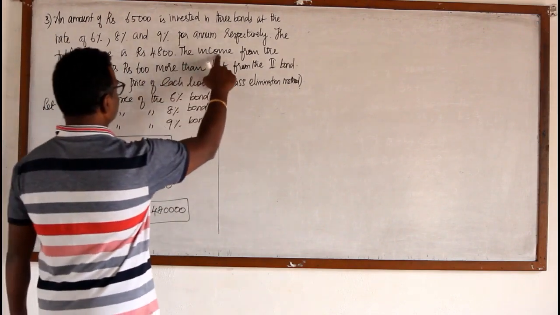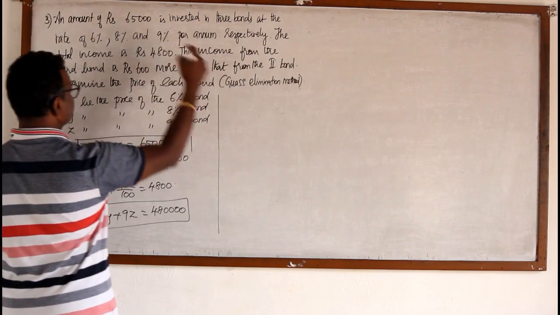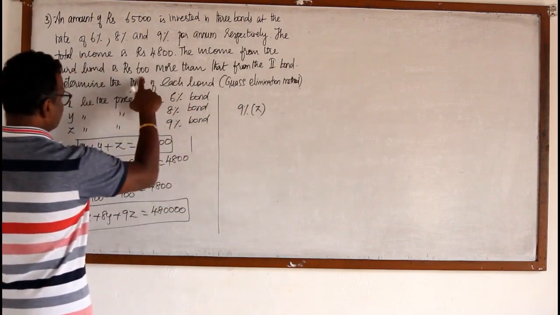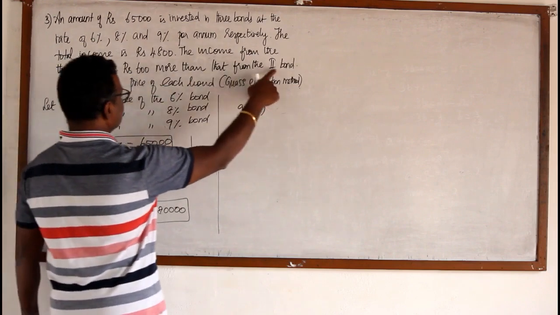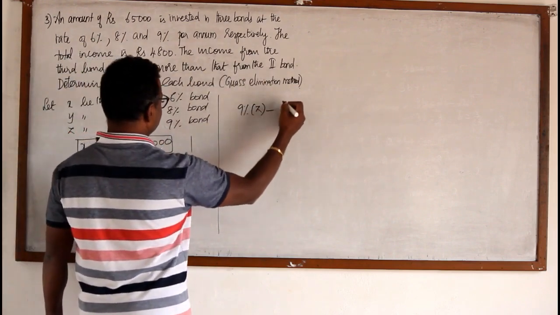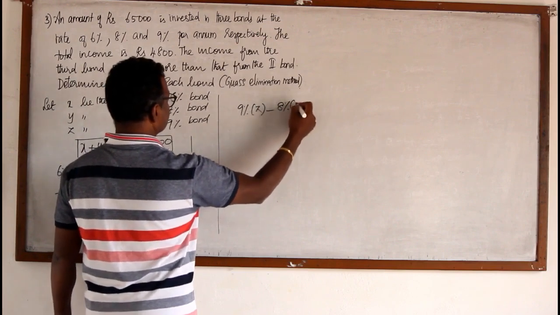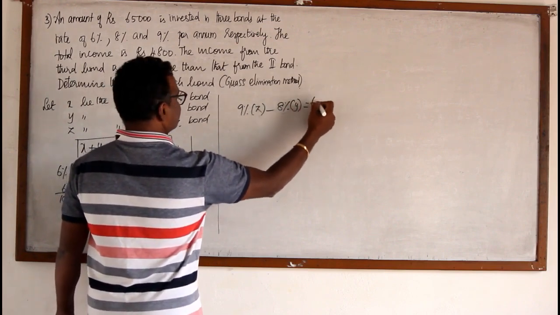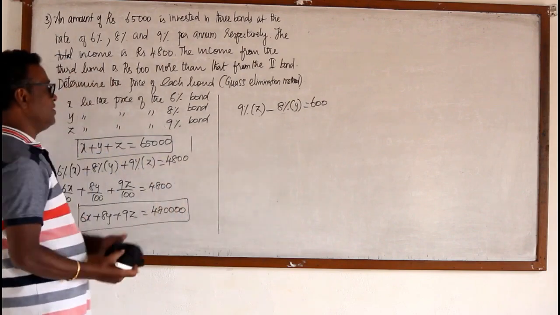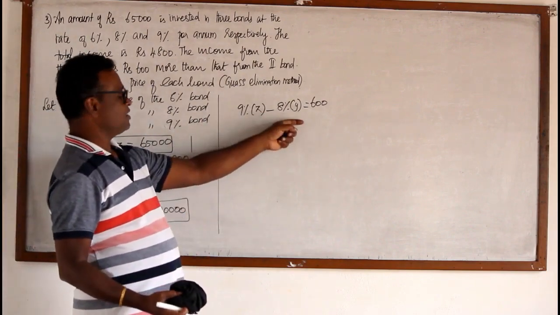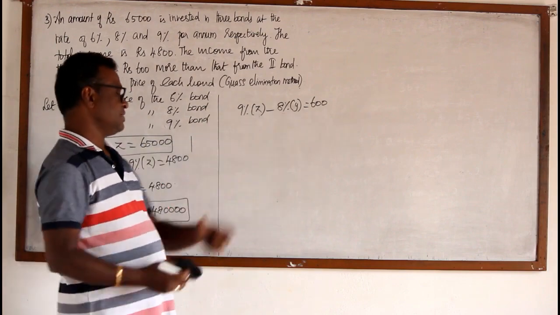Now let me go for the income from the third one, that means 9% of Z is 600 more than the income from the second one. That means if I find the difference of these 2 bonds, it is equal to 600. That is what they give.